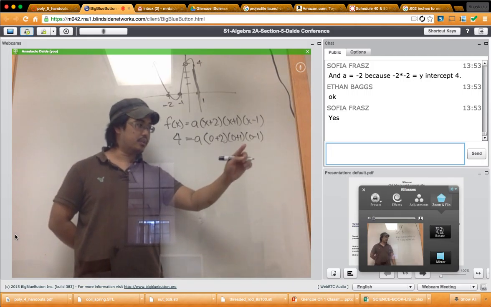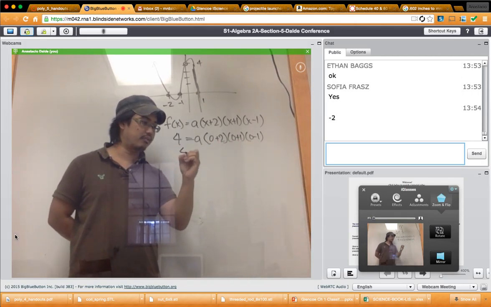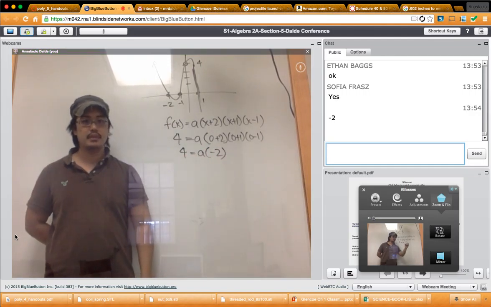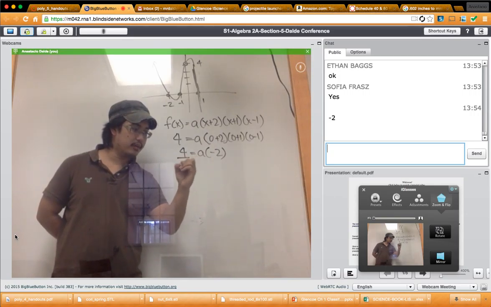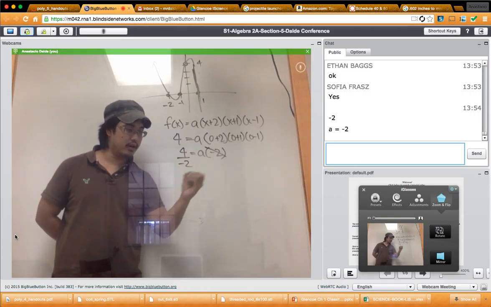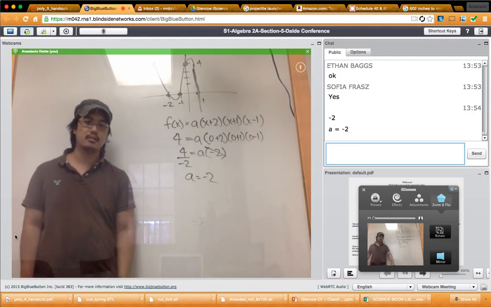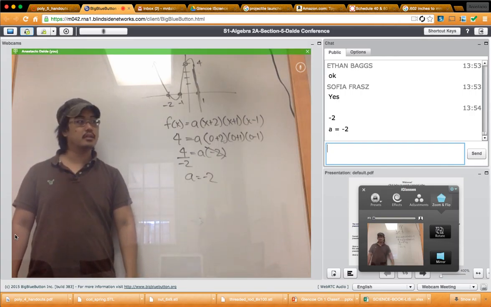This is pretty easy because this is really just 2 times 1 times negative 1. So 4 is equal to a times negative 2. That's pretty simple to solve. I divide by negative 2, and so I have a is equal to negative 2. Not that hard. So we figured out what a is. Are we cool with that?